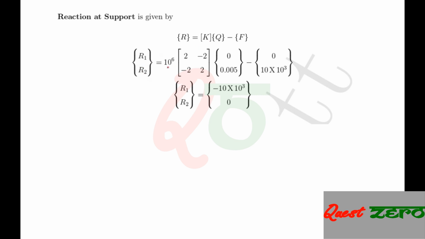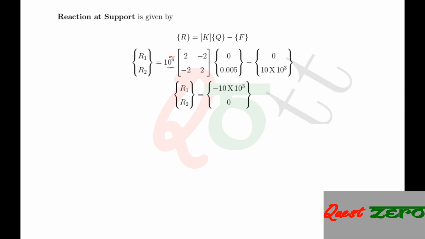So K value 10 to the power of 6, 2 minus 2 minus 2 2, multiplied by Q value, where Q1 is 0, Q2 we have calculated as 0.005 mm, minus F value, which is given at node 1, F value is 0, at node 2 F value is 10 into 10 power 3. Now simplifying this, R1 you will obtain as minus 10 into 10 power 3, R2 you will obtain as 0.